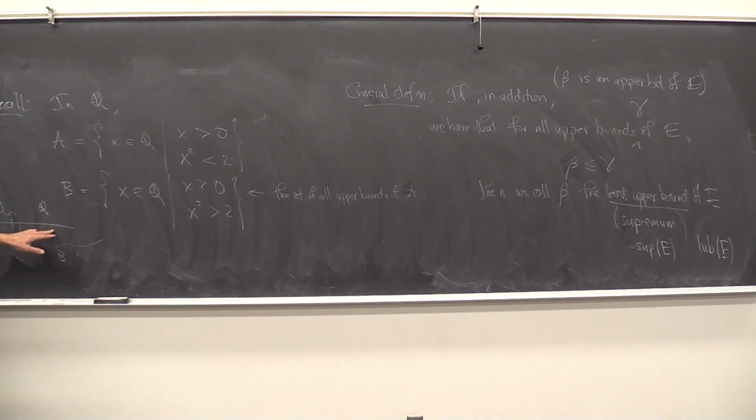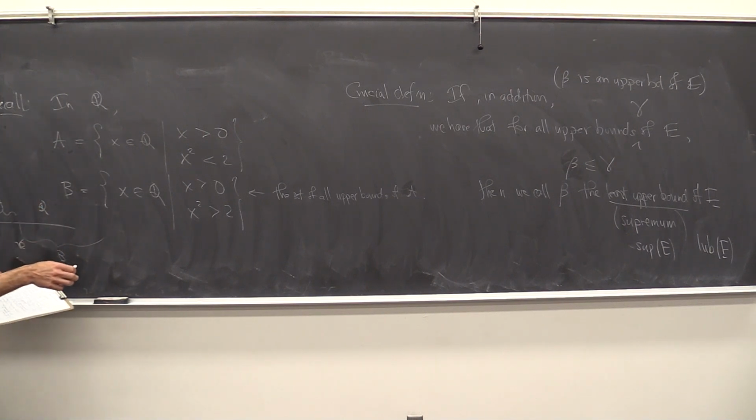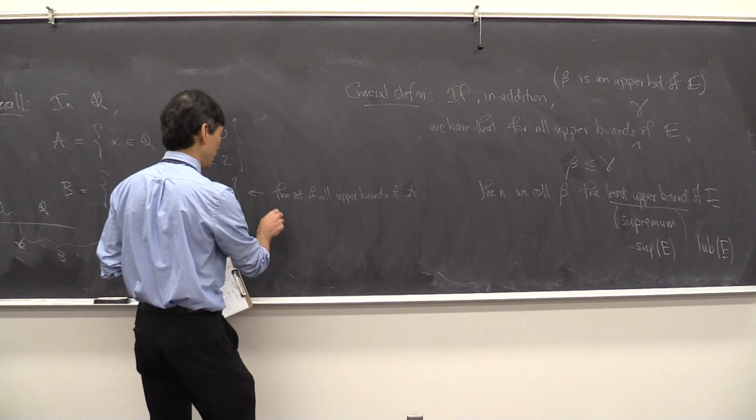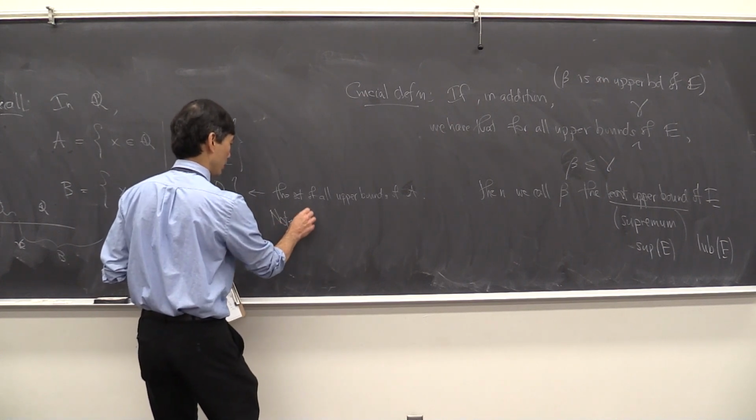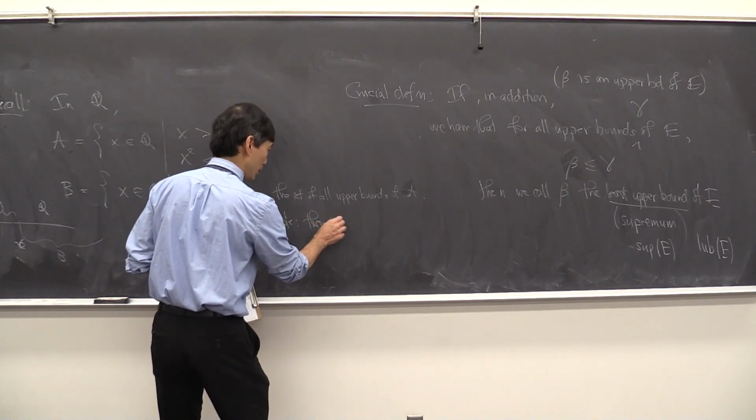Everything in B is an upper bound of A, and these are all the upper bounds of A. But you notice something funny: there is no least upper bound.